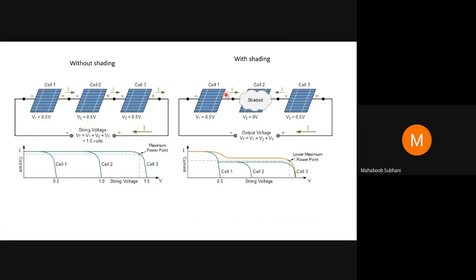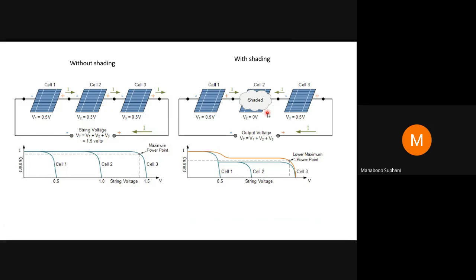But now the current passing through cell 2 will not happen, or cell 2 will not generate any power. Why? Because it is in the shaded region. Only when a cell gets solar power, or the sun rays fall directly on the solar cell, can it generate voltage.